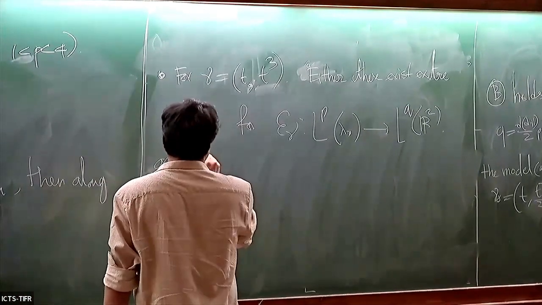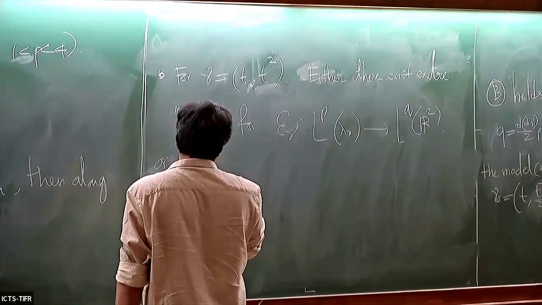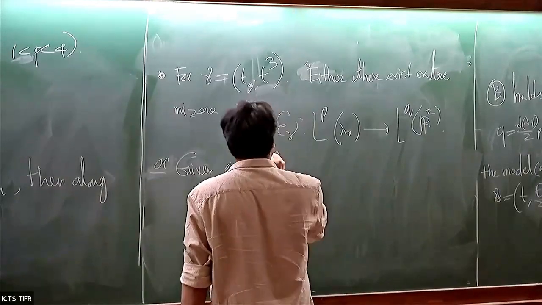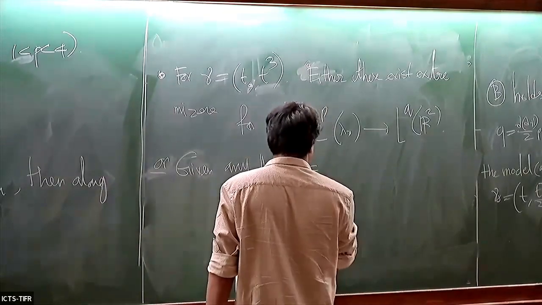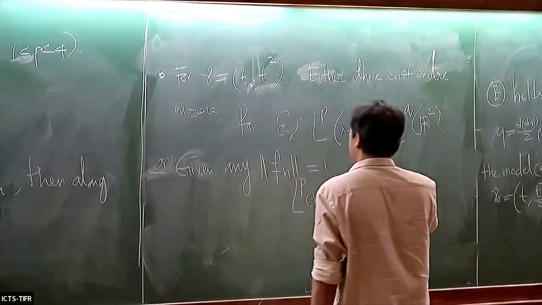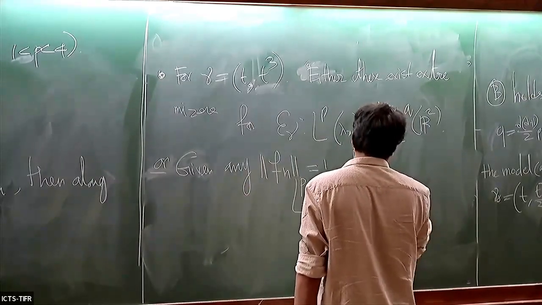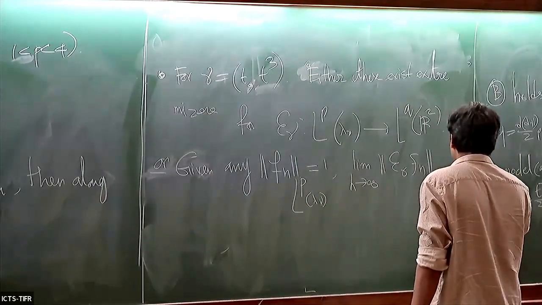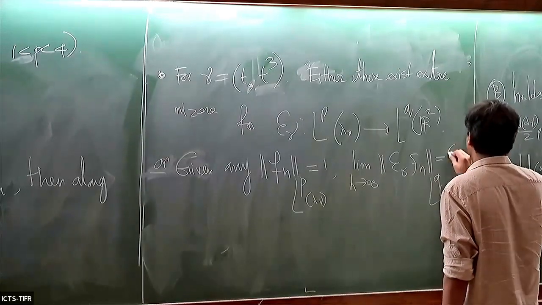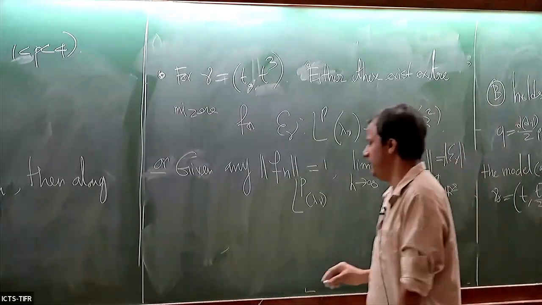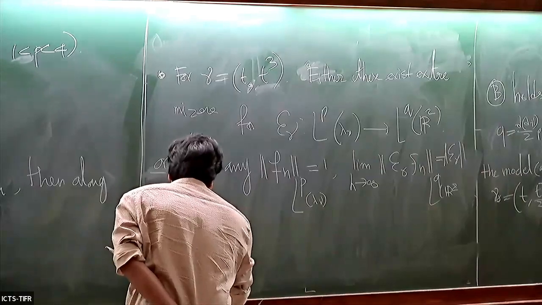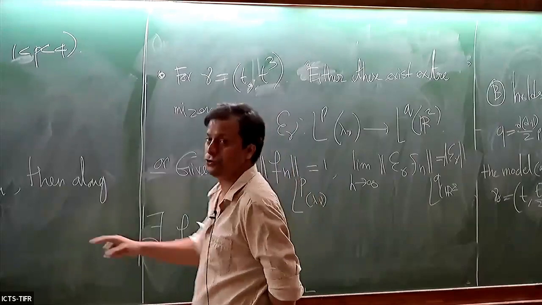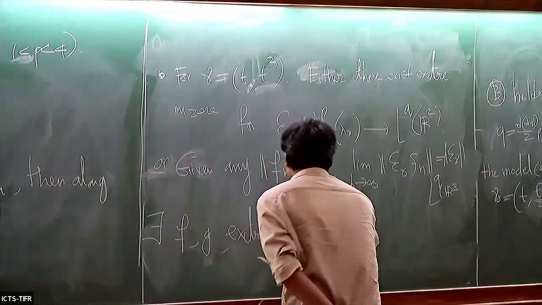Or there exists, let me first write it out, given any extreme measure sequence Fn, so Fn has L^p mass 1 and the limit as n goes to infinity of the extension of Fn in L^q of R² goes to the operator norm. There exist extreme measures F and G, extreme measures for the parabola, which we do know exist thanks to this theorem.